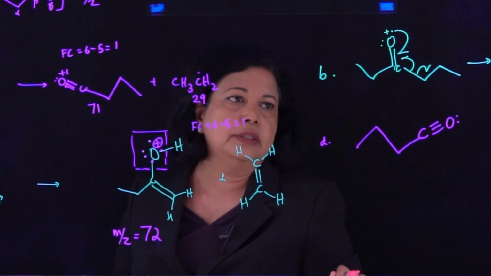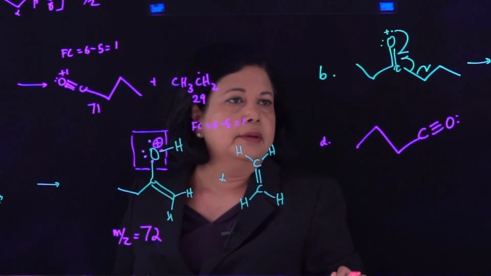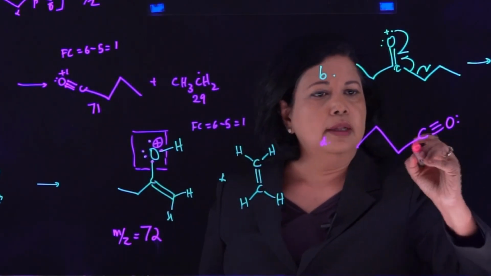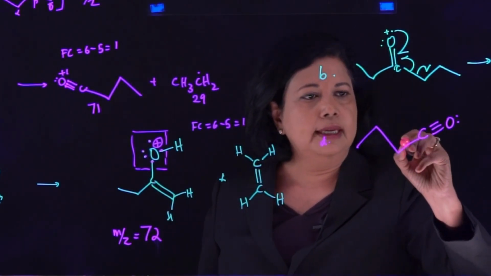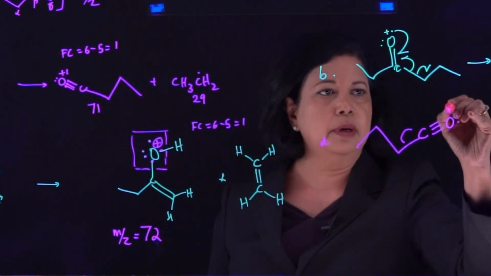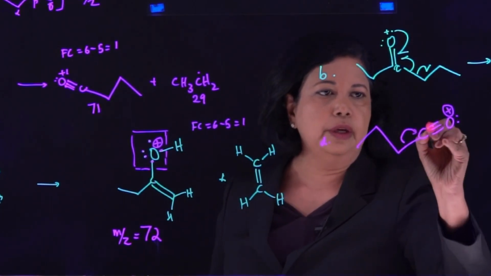So let's see what could happen if you have a carbon monoxide going away. So here you can take this and you can see, well, your carbon monoxide can leave. So here is your carbon monoxide that has a positive charge, and so this can go over here.